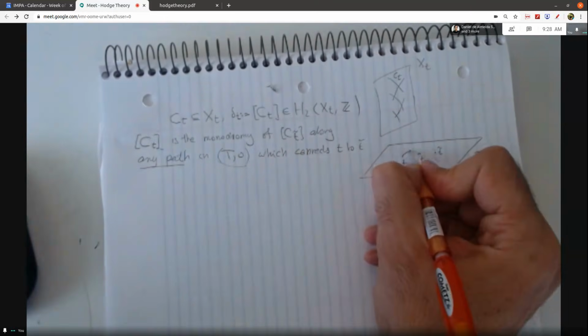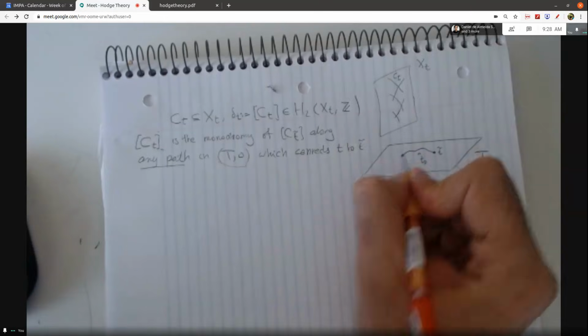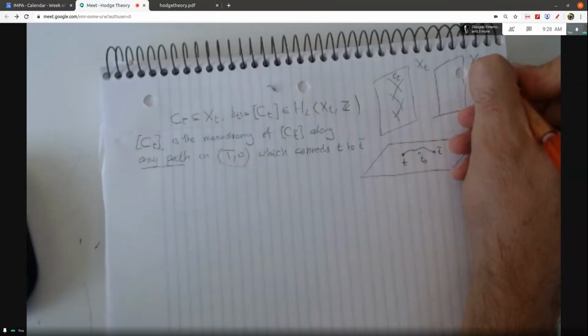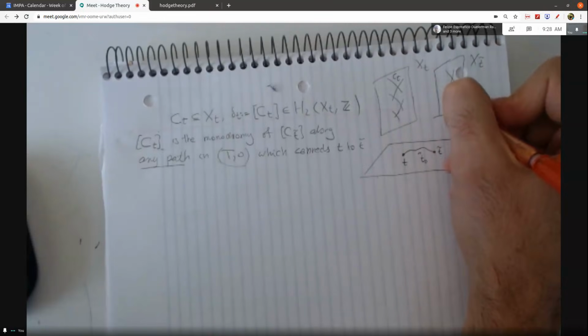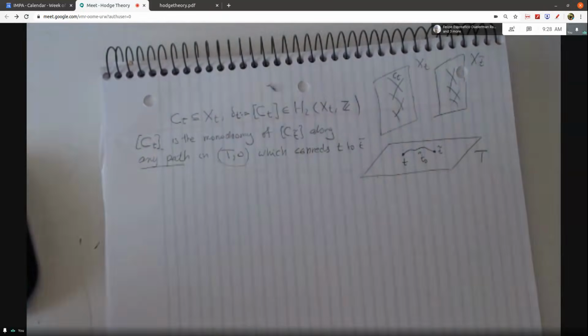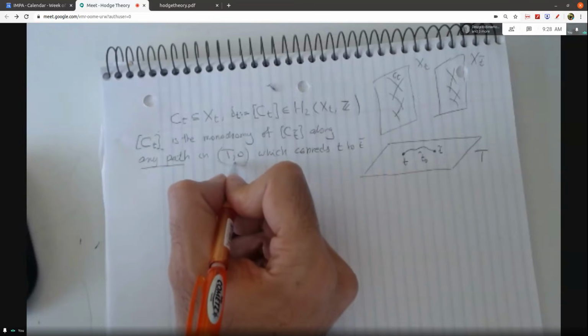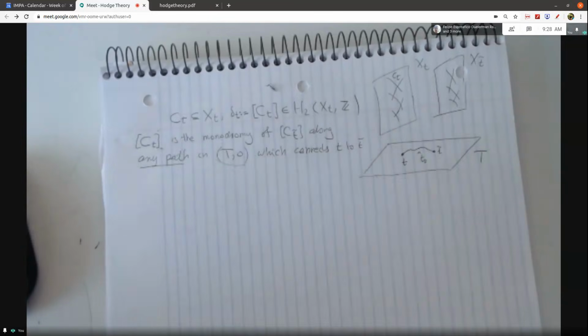So anyway, then I have this Xt tilde and then the curve. The point is that my curves can be singular and so on. And since this T0 is simply connected, because this can be a ball, then I can take any path.